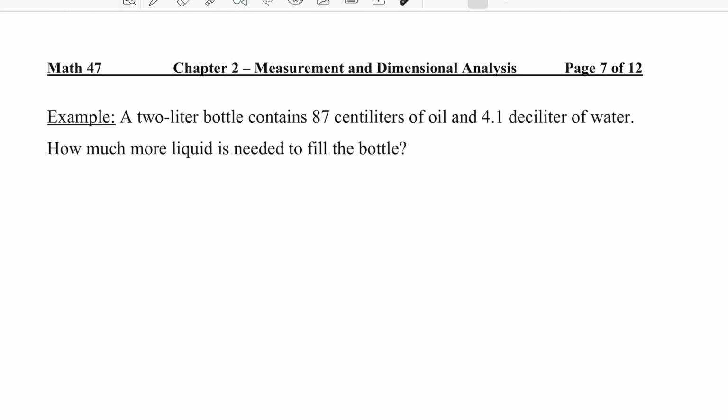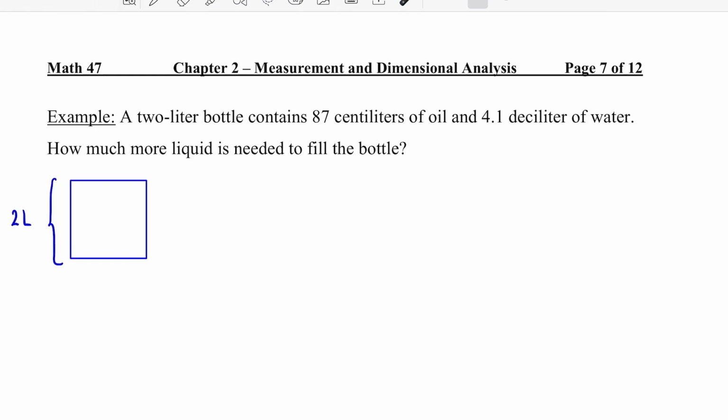Next example. A 2-liter bottle contains 87 centiliters of oil and 4.1 deciliters of water. How much more liquid is needed to fill the bottle? So I have a bottle that can hold up to 2 liters. So this bottle has 2 liters.